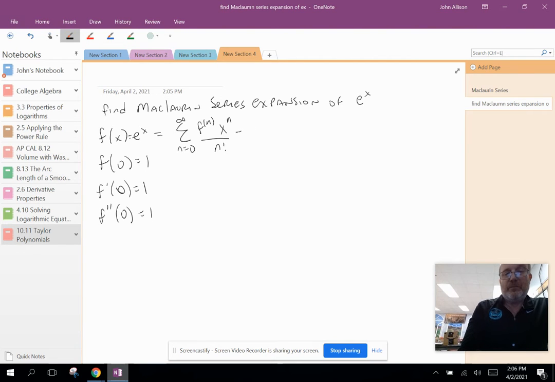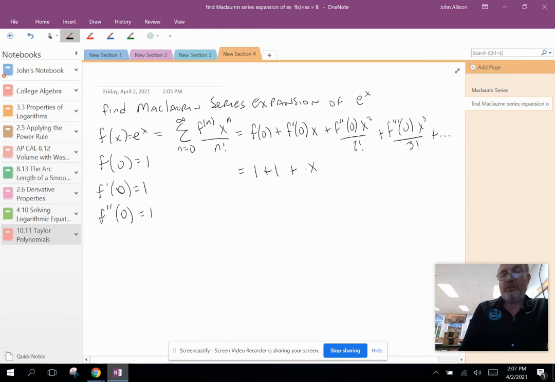So in this case, this is going to be f of 0, remember when n equals 0, that's just no derivative at all, plus f prime of 0 times x plus f double prime of 0 times x squared over 2 factorial plus f triple prime of 0 times x cubed over 3 factorial. And of course, this pattern continues, but all of these derivatives are 1. F of 0 is 1, so this becomes 1 plus 1x.